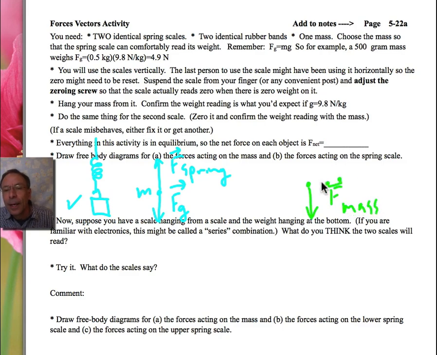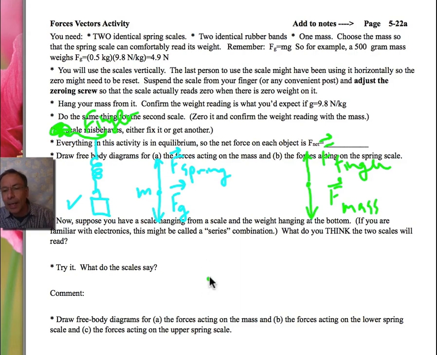And then you've got something holding it up. Maybe this is your finger or something up here. So here's your hand, and then here's your finger holding it up. So we could call this F finger. Okay, so we've got the two free body diagrams. That's an easy case.